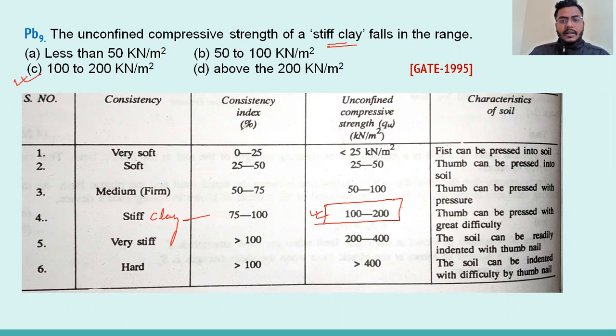So option C is correct. You have to remember this table. Next time it may ask about hard soil, medium clay, and soft soil, so what will be the range? And you can remember this also, the consistency index. What will be the consistency index range for the stiff clay? That is 75 to 100.